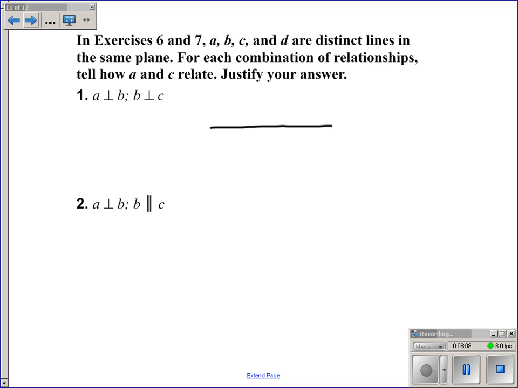So this is A, and this is B. They're perpendicular. B and C are perpendicular. So C must be perpendicular to B. I'll draw it down here. So it's perpendicular to B. So how are A and C related? Well, A is parallel to C. You can tell that from the picture.